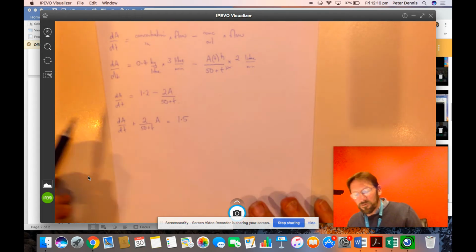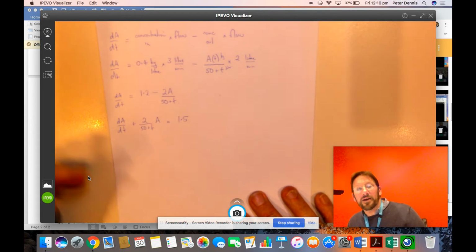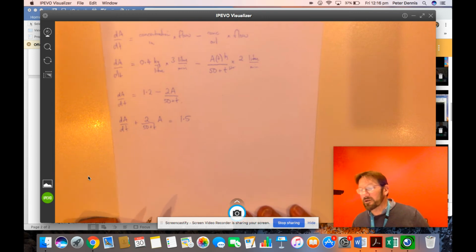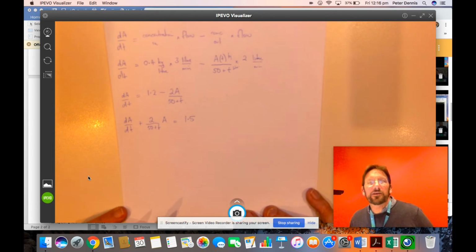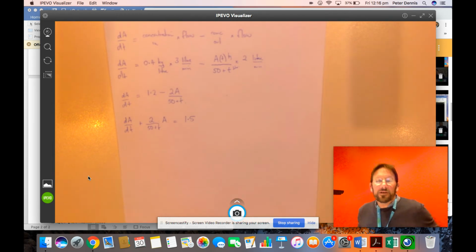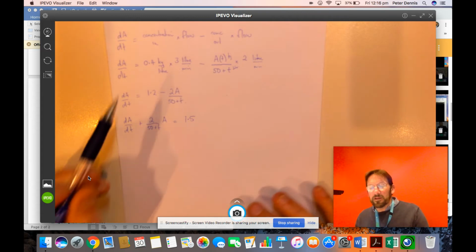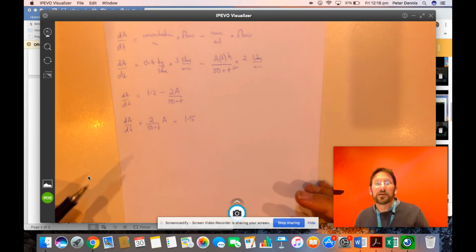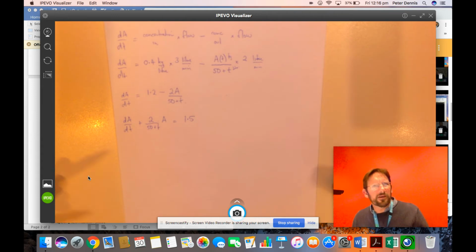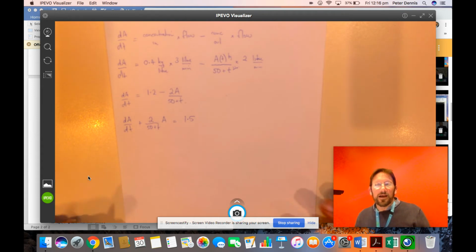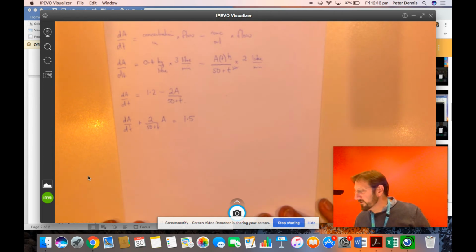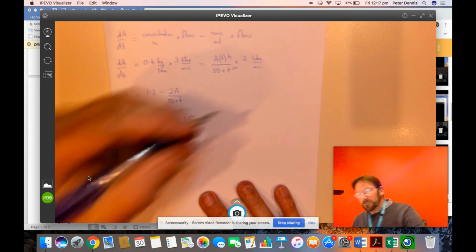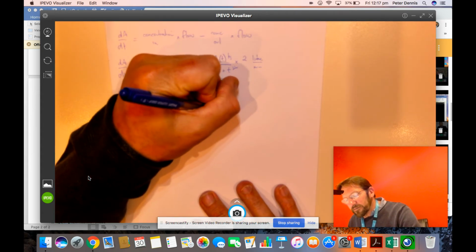And that is now in the form for an integrating factor. I don't want to say that always, if there is a difference in the concentration in and the concentration out, you're going to use an integrating factor. But nearly everyone I've seen so far, you use an integrating factor. So we're going to use this integrating factor.